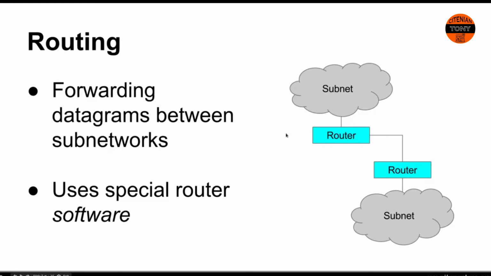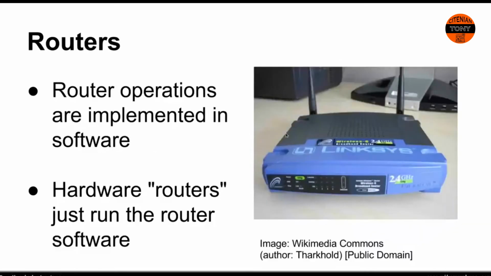Now you might be thinking, well, I have a router at home. Okay, here's a classic old router, a Linksys WRT54G. That's a router, right? Well, yes, that's what we call that consumer device. But in reality, what that consumer device is, is actually a small computer. And this device contains the router software.